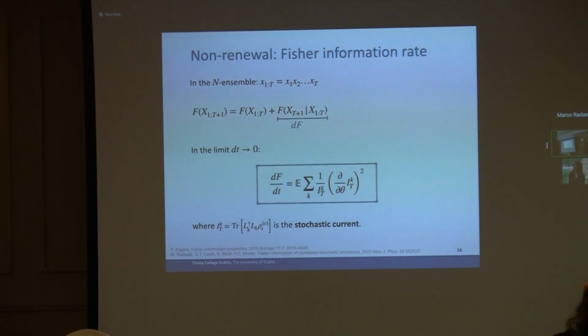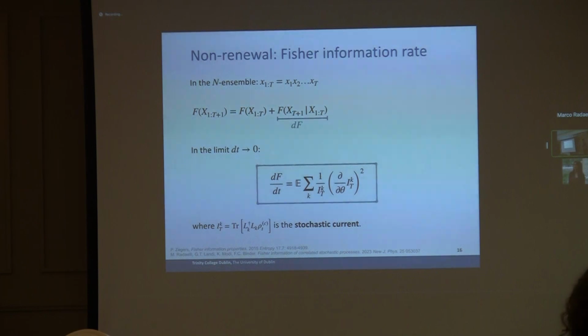And this equation takes the form of the expectation value of this quantity, which reminds a lot the form of the Fisher information. And it's written in terms of the stochastic current, which is this object here. Curiously enough, even though we have multiple different stochastic currents, if we have multiple channels, the Fisher information rate does not include cross terms. So they do not interact with each other with respect to the information they carry about the parameter.